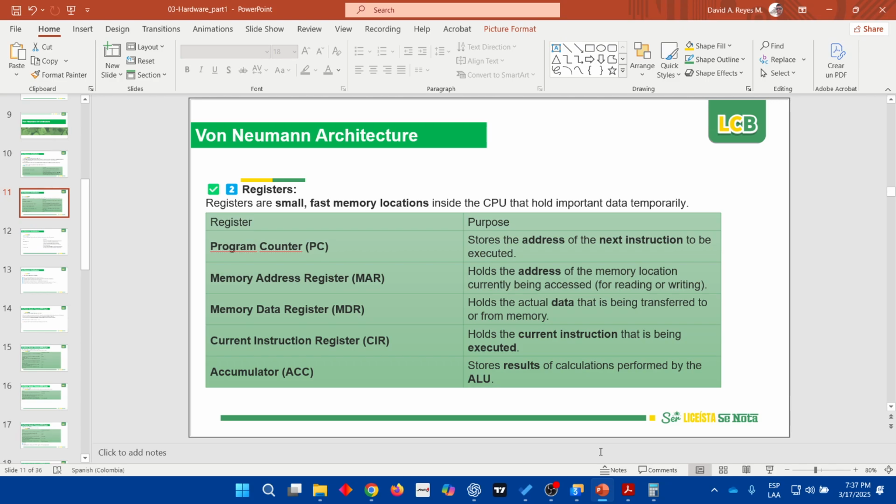Now, the memory address register. The memory address register is the one that has the addresses of the memory locations. Let me show you here.